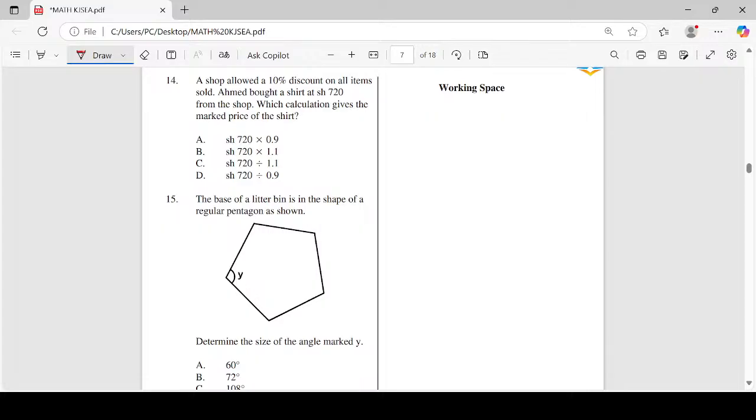So remember, when a shop allows a discount of 10%, the marked price is always 100%. So if they give a 10% discount, it means that the selling price is 100% minus 10%, which is 90%. That is their selling price percentage.